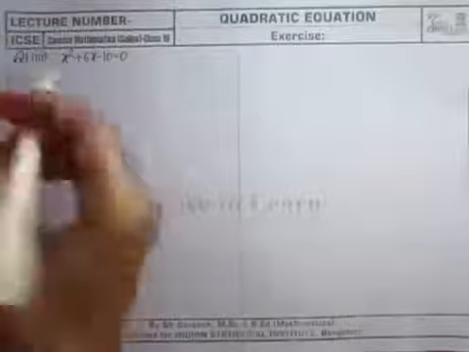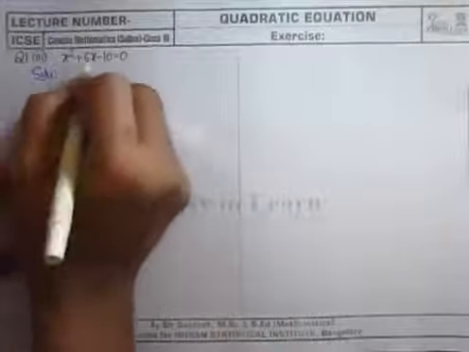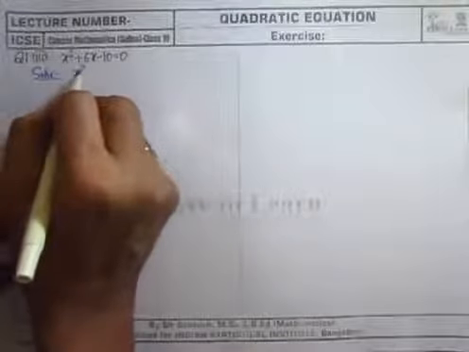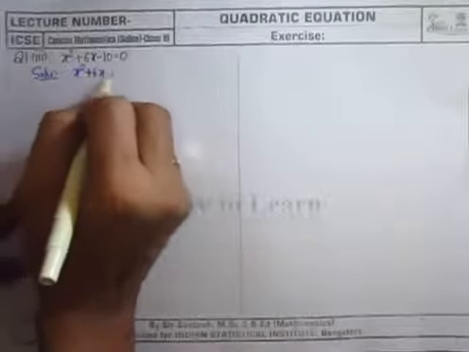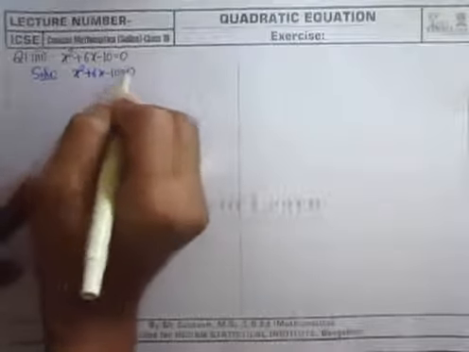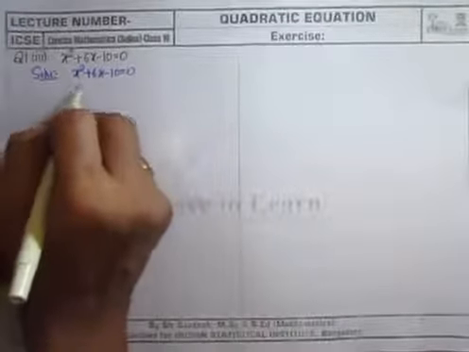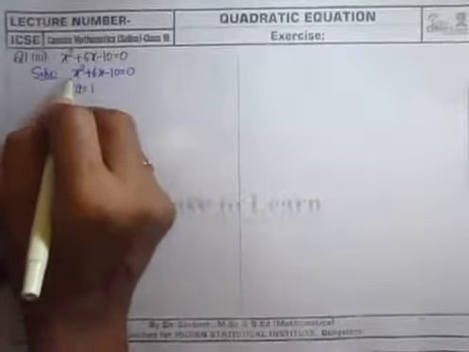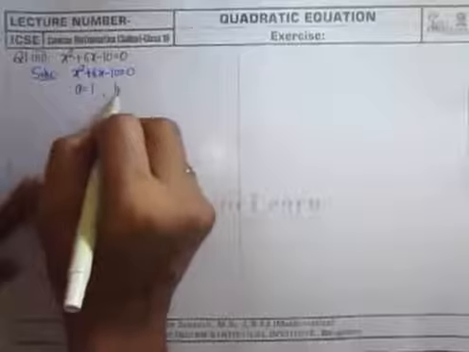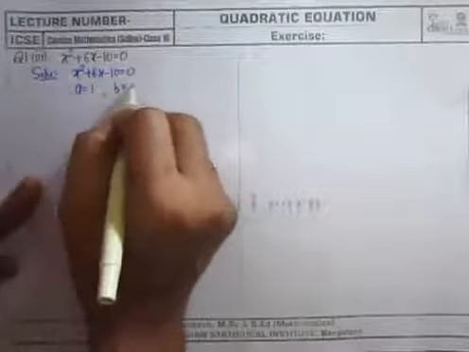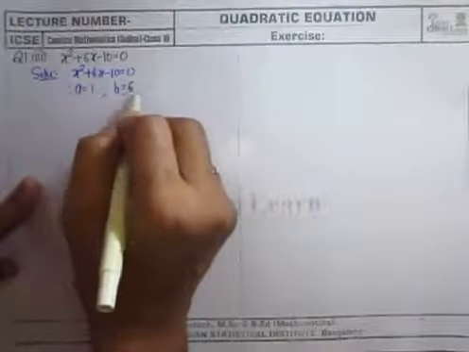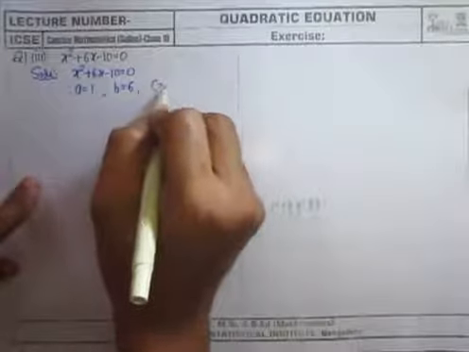Now, solution: comparing this equation with the general equation, you will get a equal to 1, the coefficient of x square is 1. b is 6, the coefficient of x is called b, so it is 6, and the constant term is called c, so it is minus 10.